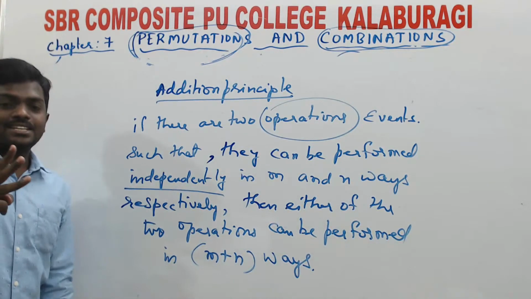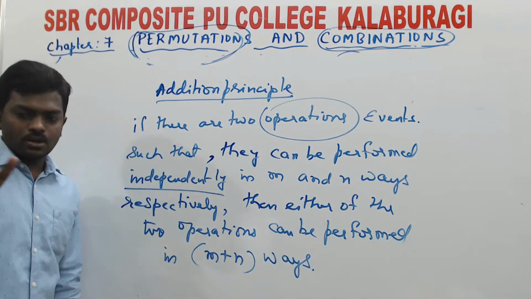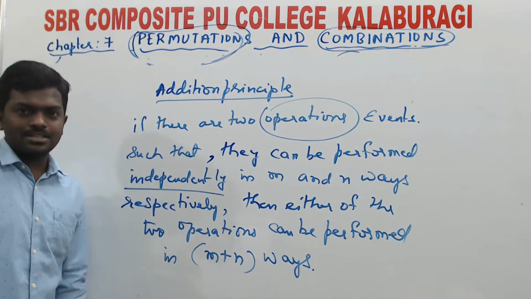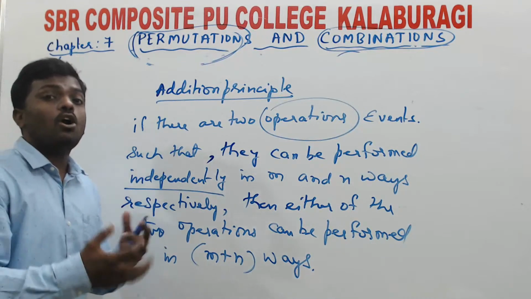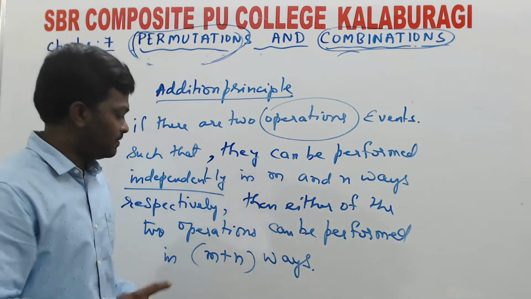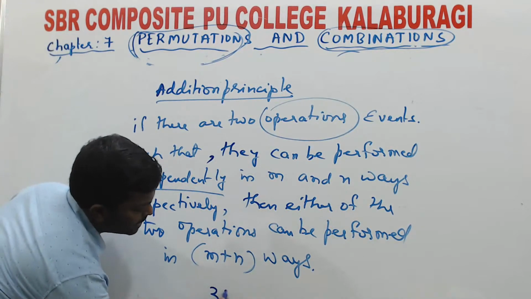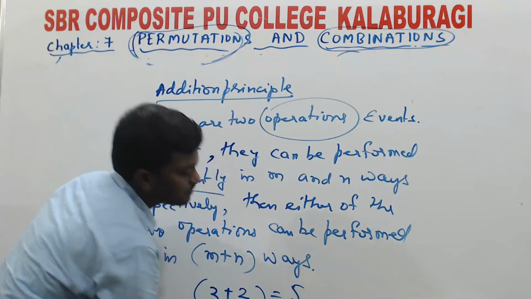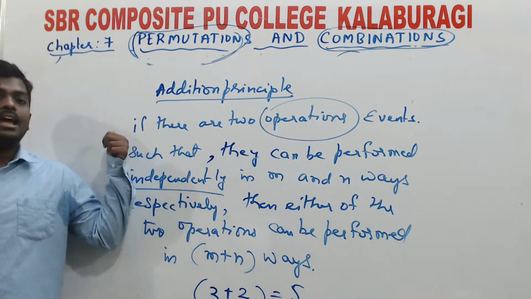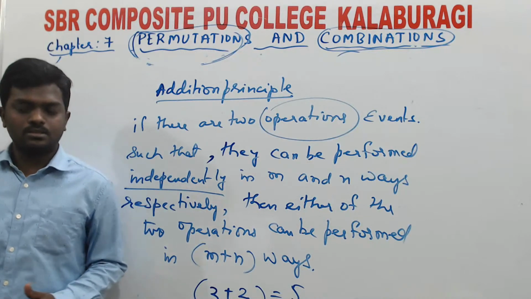There were three shirts and there were two pants. To pick one item, how many options did we have? Five. That is three shirts plus two pants. Is that clear? So this is our addition principle, students.